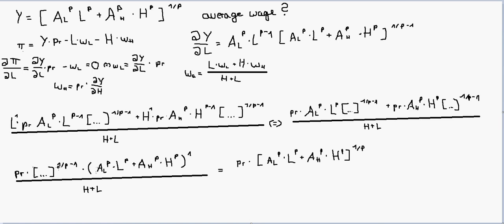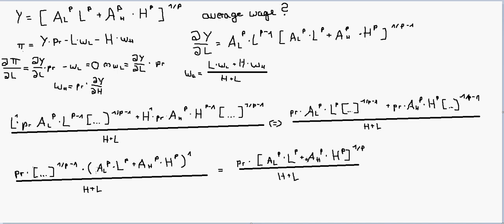Here they're the same base, so if we multiply them the exponents add up, so we have 1 divided by rho minus 1 plus 1, so we only have this 1 divided by rho here. And not to forget, everything is divided by H plus L.